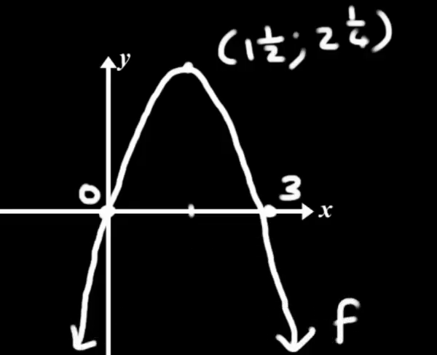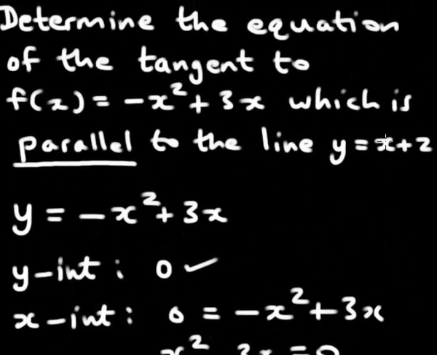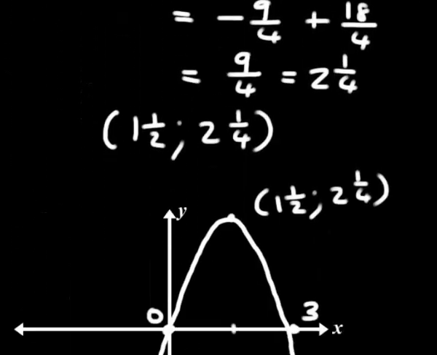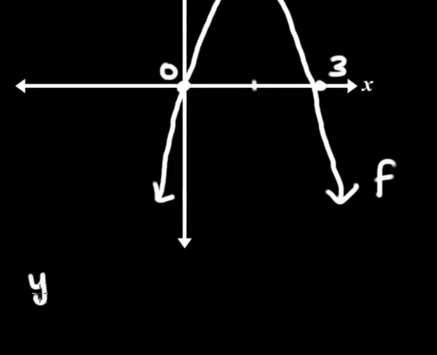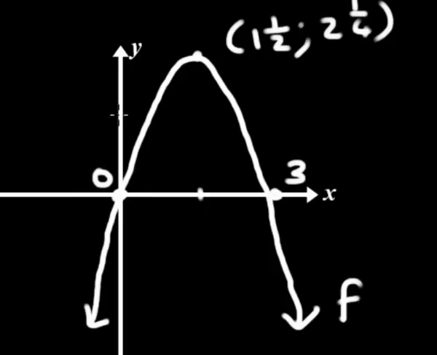Now, what about the line y equals x plus 2? Let's draw it quickly and see how it relates to the parabola. If y equals x plus 2, the y-intercept is 2, so it's going to be somewhere over there. There's 2.25 there, so it's probably about here to be more accurate.